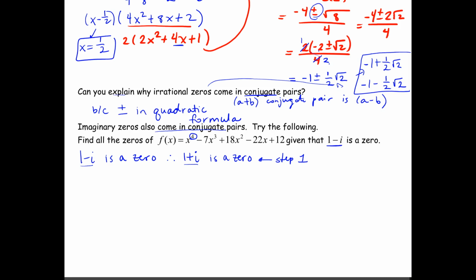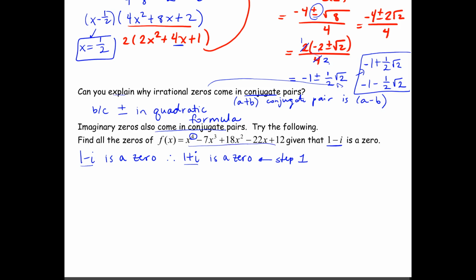Well, we could do synthetic division, but synthetic only works with rational numbers. But that would be a good place to start if I was given rational numbers as zeros. Long division. That's good, but if I do long division, then I would want to multiply these 2 factors out, to see what I have left after I divide this by 1 minus i and 1 plus i.